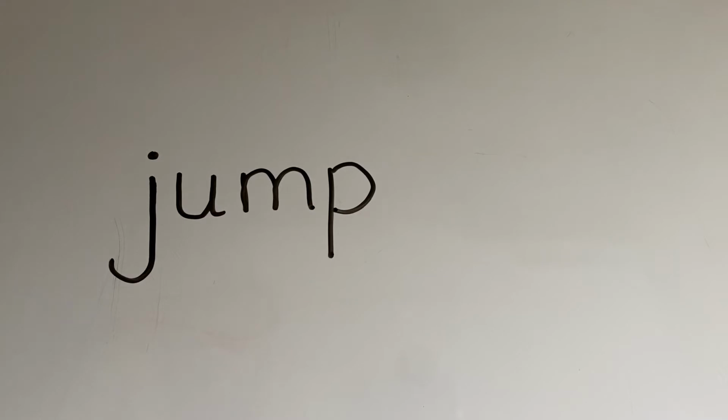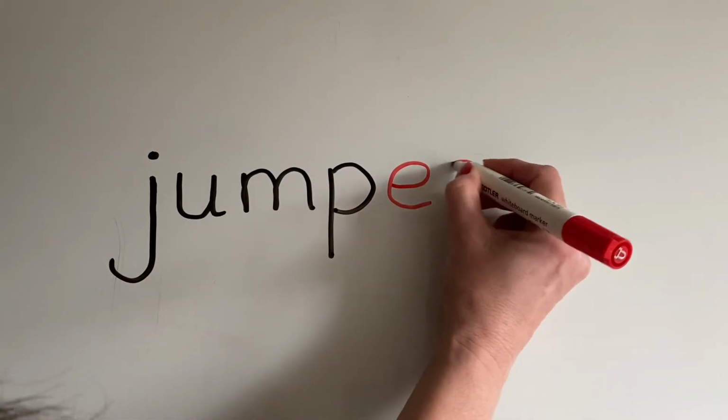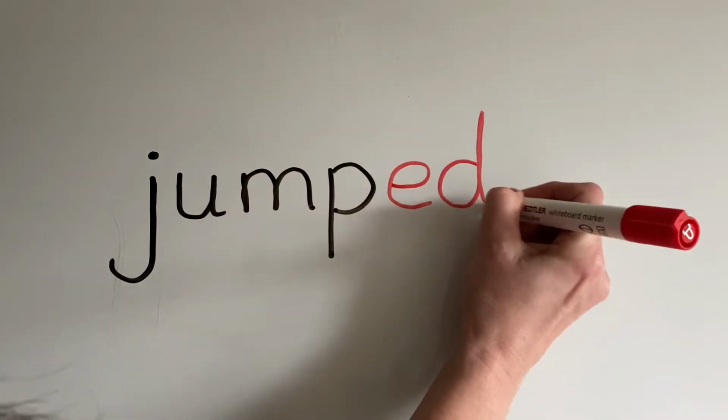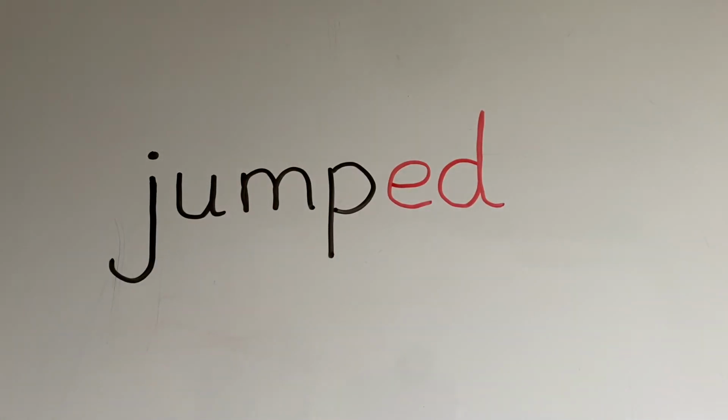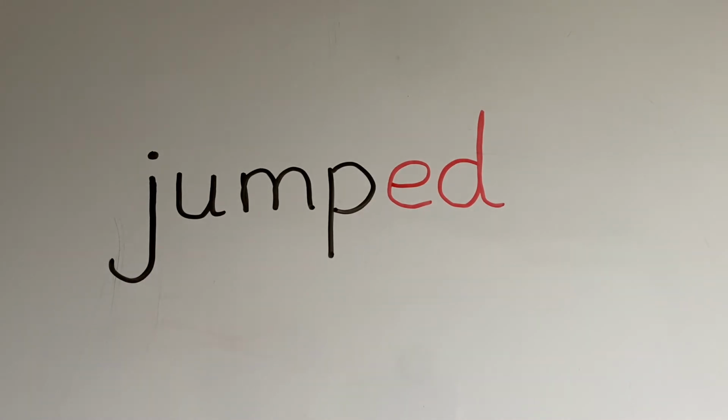It's already happened. What do I have to do? That's right. I have to add ed. Our mate Ed jumped. Let's see if I can put that in a sentence. I jumped over the chair.